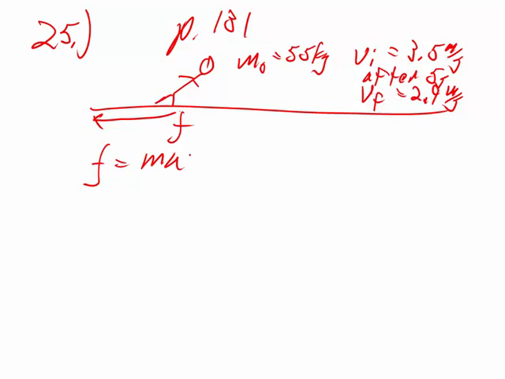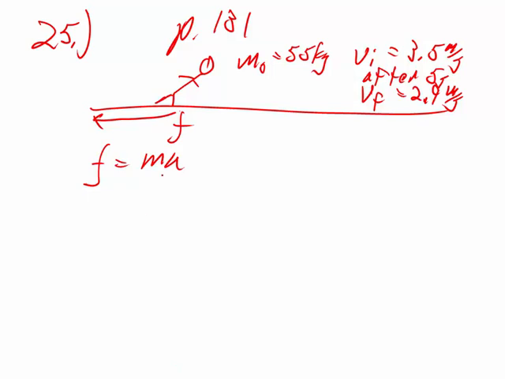All right. F's equal to ma. But now hang on just a minute. We don't have acceleration. Well, that's okay. That's not a big deal. Now it does ask for the magnitude of the kinetic friction, right? Okay.